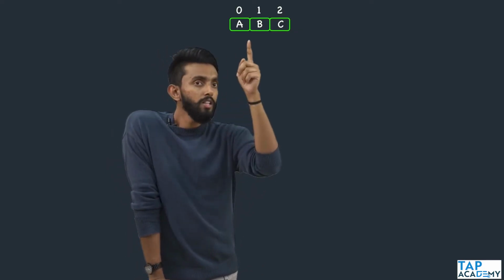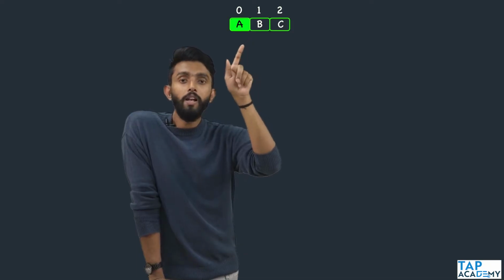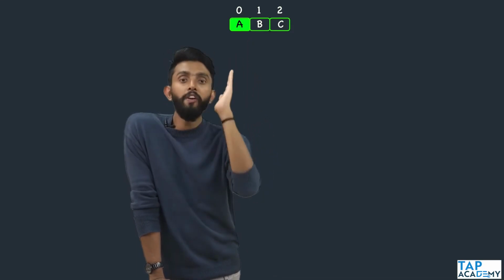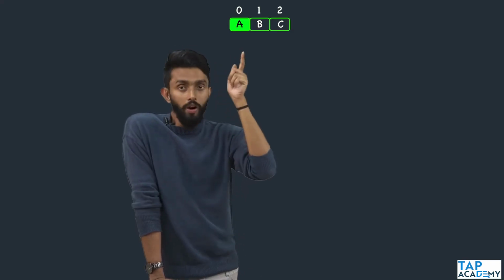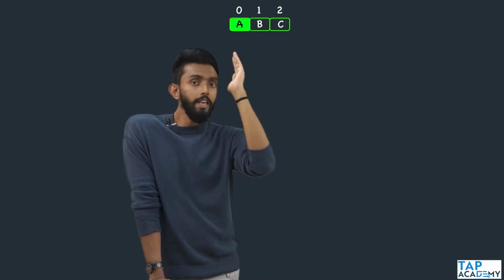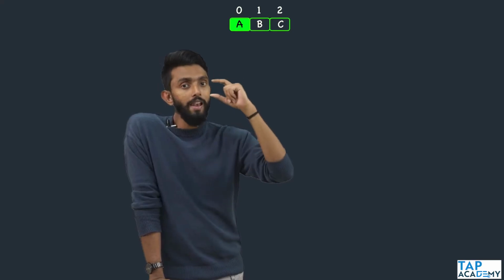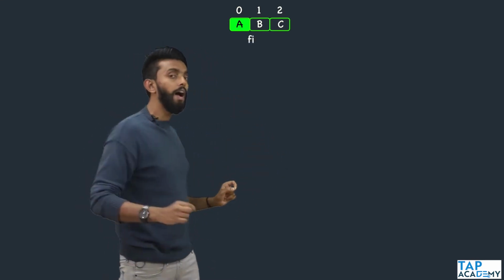The first thing is I would like to decide on which cell I am working on, right? So let us assume I want to work on the first cell. The first cell is at index 0. So I would like to fix that. Now I am going to fix that and work only on that. So to help me keep track of which cell I am working on, I will now create one small variable called Fi.